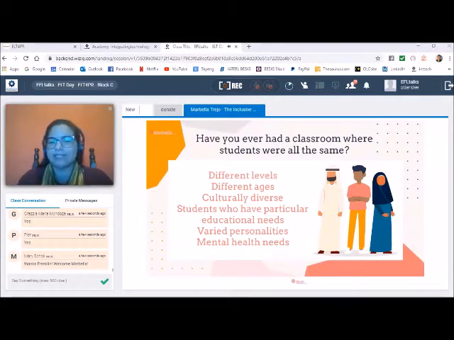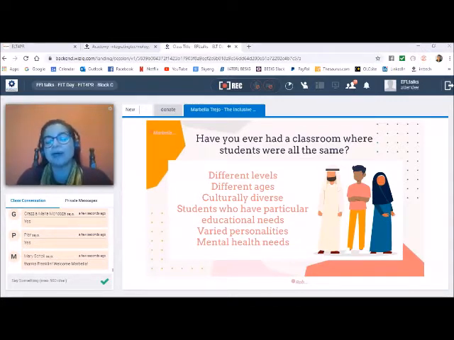As I was mentioning, our classrooms will have different levels, so that we will have a multi-level group. We could have a group that has different ages, that is culturally diverse, with students who have particular educational needs. There are times that we might have students who have a learning disability, who might be cognitively challenged, or different disabilities.